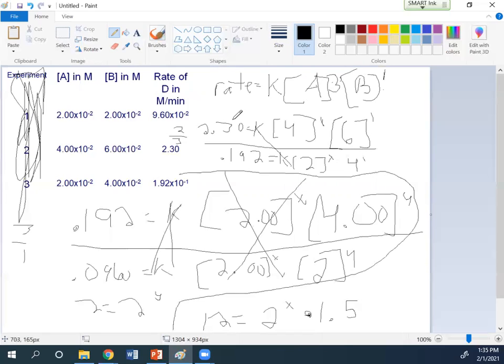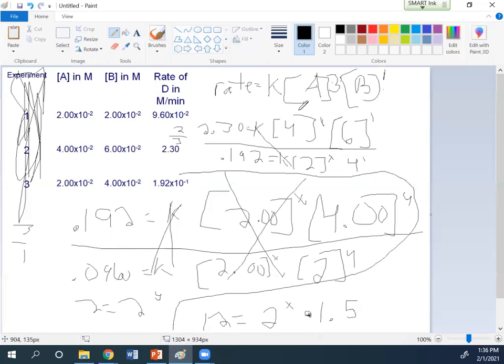Okay. Now I could ask you to solve for k. This question didn't ask. If you want to solve for k, you just pick any experiment. So 9.6 times 10 to the negative 2 equals k times 2.0 times 10 to the negative 2 to the third power times 2.0 times 10 to the negative 2 to the first power. If you have to solve for k, you have to find the x first.